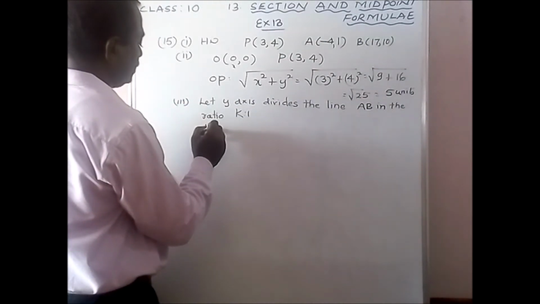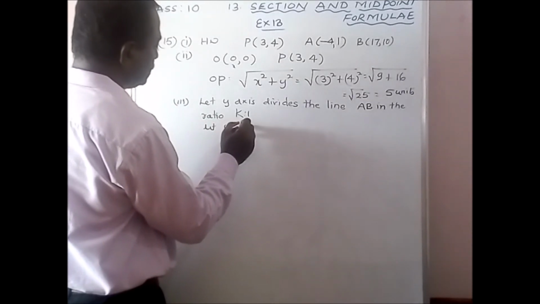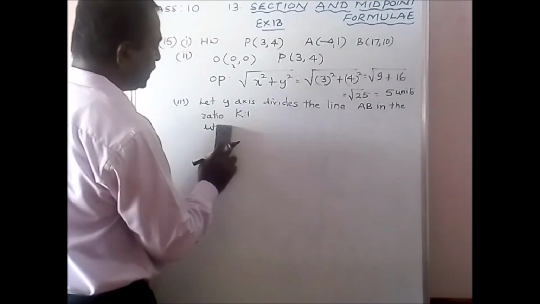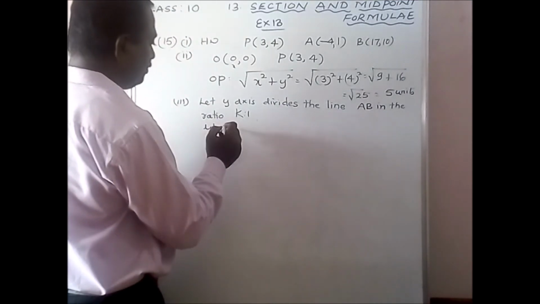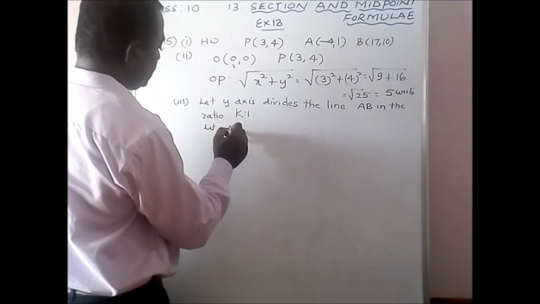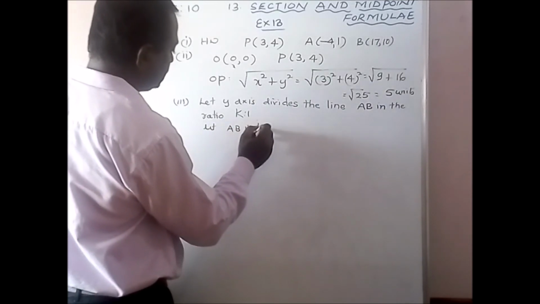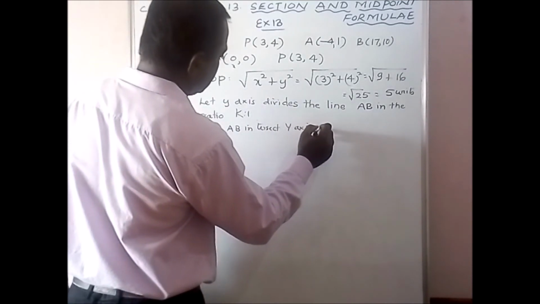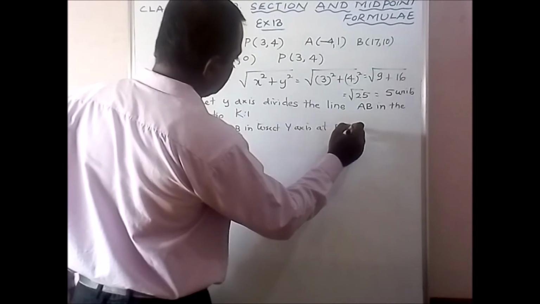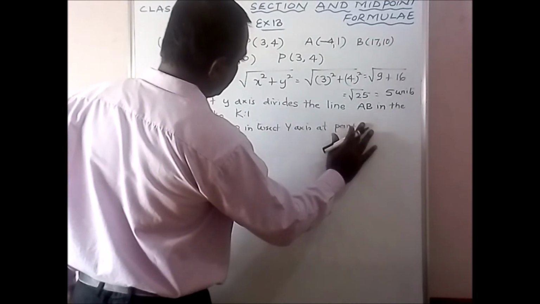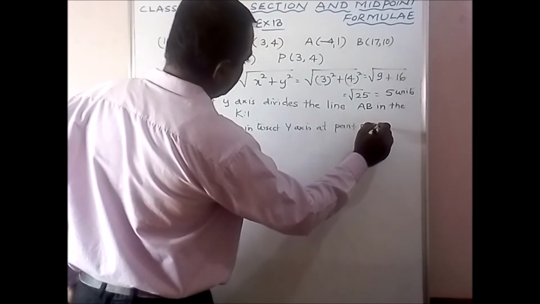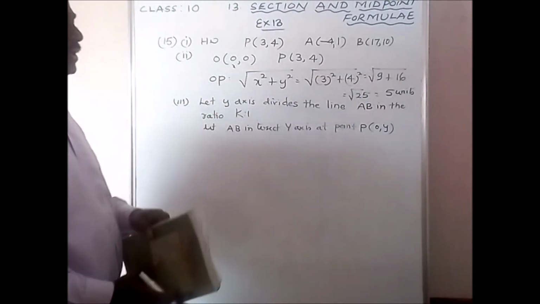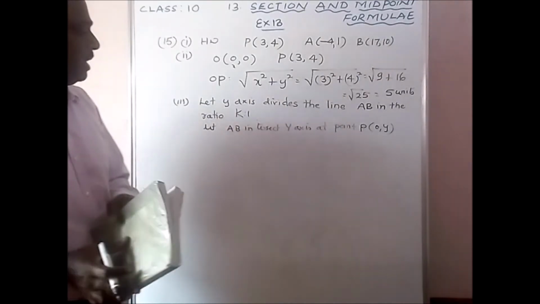Let AB intersect the y-axis at point P. Its coordinates are (0, y), because it is intersecting the y-axis, therefore I will take x as 0.